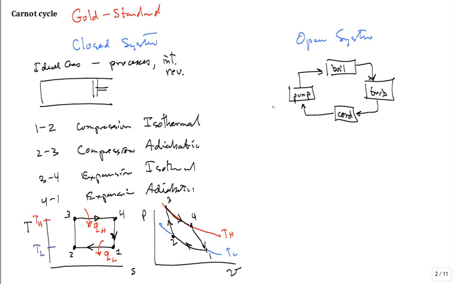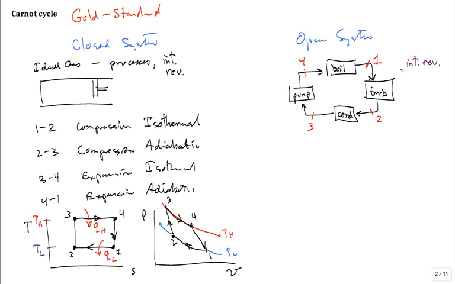All right, so let's label our states now. State 1 is the fluid as it's leaving the boiler and going into the turbine. State 2 is the fluid leaving the turbine going into the condenser. And 3 and then 4 are labeled likewise. Is everything still internally reversible? It sure is.